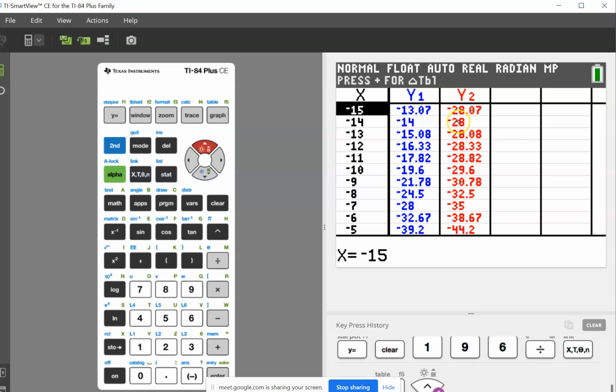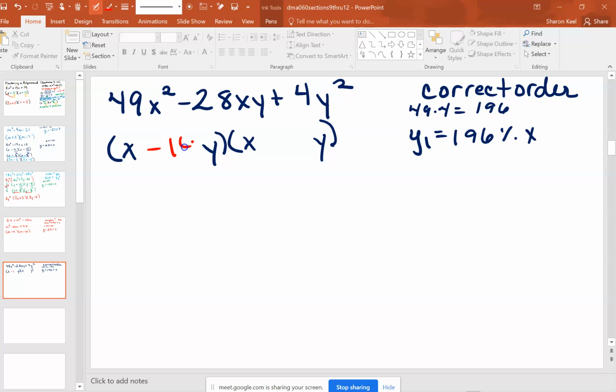Okay, so for the negative 28, we have a negative 14 and a negative 14. So here, what we have is a minus 14. Oh, and what did I forget to do, y'all? I was too busy talking about the x and y's. I forgot to put something down here that's very important. Since there is an a, I forgot to go ahead and write the divided by 49.